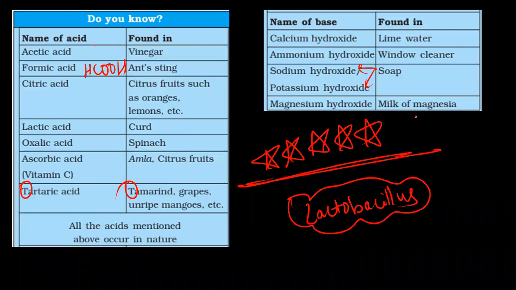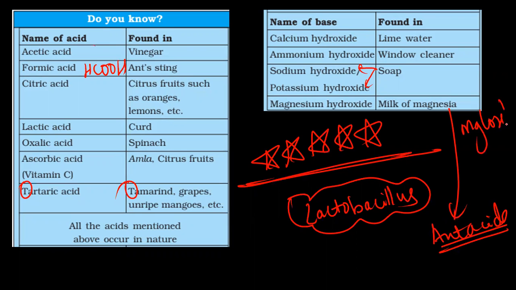And also milk of magnesia, which is used as an antacid, as mentioned, is magnesium hydroxide, Mg(OH)2. So antacid, we saw the application, and this is a table. So this can definitely be asked for maybe 1 mark, or match the following, or name the following. But this is a sure question that will definitely come for most of the exams.